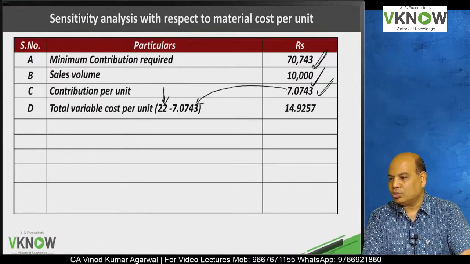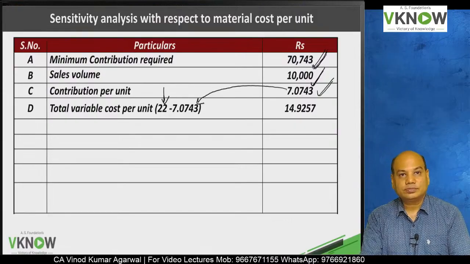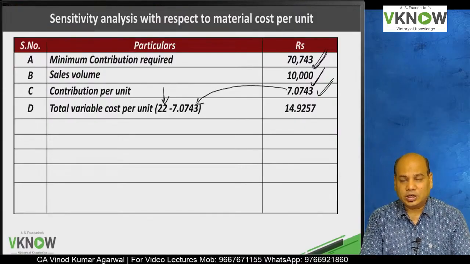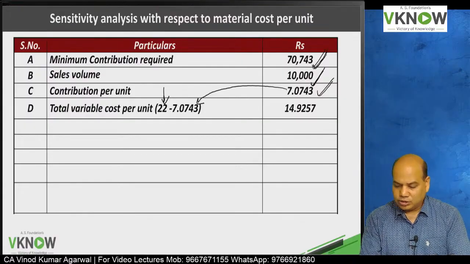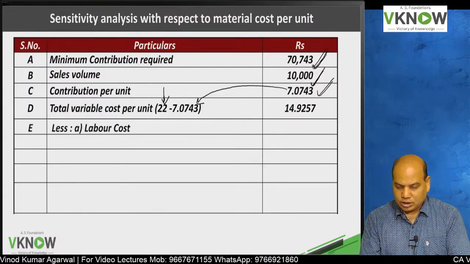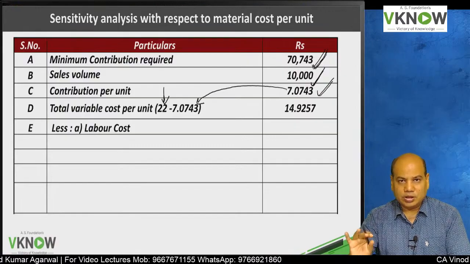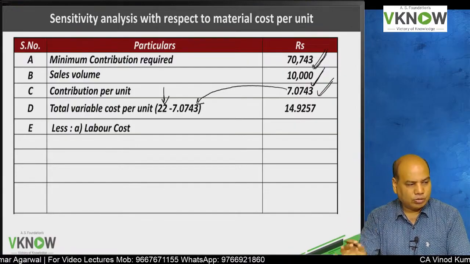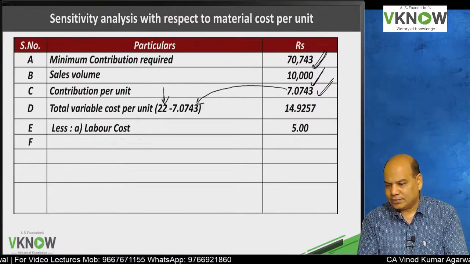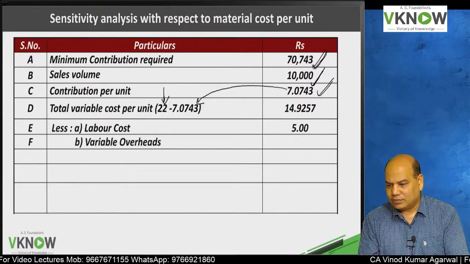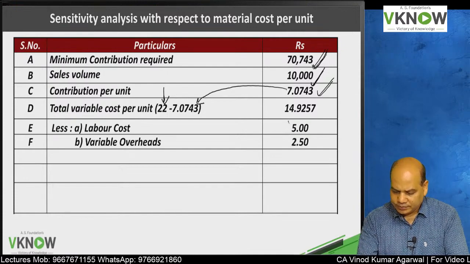So I need a total variable cost of 14.9257. Under that, labor cost and variable overhead we are not going to change. Labor cost is 5. Variable overhead is 2.5.